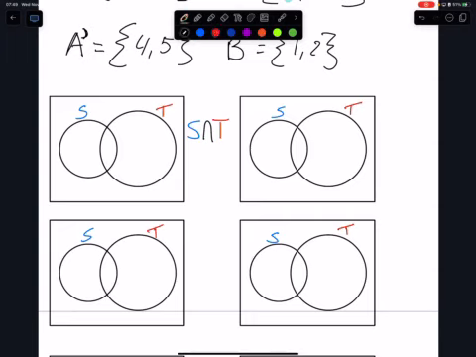Do you remember what the definition of this was, that means everything that's in S, the same numbers that are in S, and the same numbers that also appear in T. So, that is found in the middle. If it's found in S and it's found in T, it's in the middle.